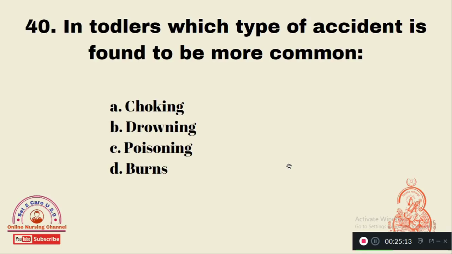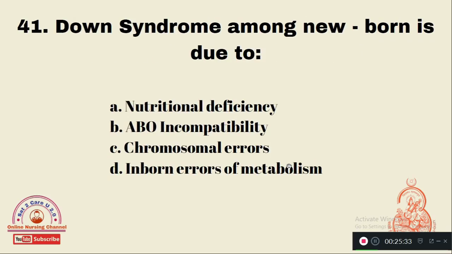Question number 40. In toddlers, which type of accident is found to be more common? Option A, choking. B, drowning. C, poisoning. Option D, burns. The common accident type in toddlers is option D, burns. Question number 41.